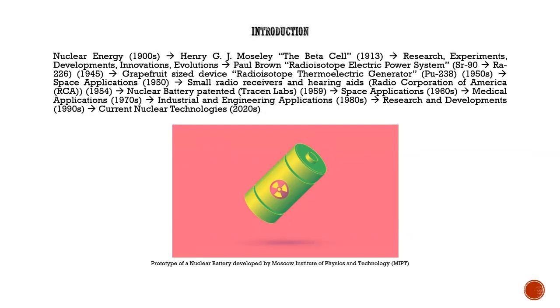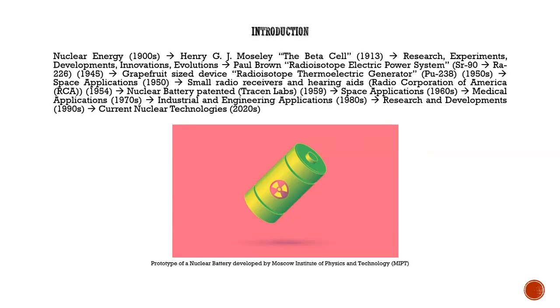During 2018, a university in Russia developed a nuclear battery, and after 2020 and in 2022 also, current nuclear technologies are being developed. This is the prototype of the nuclear battery developed by the Moscow Institute of Physics and Technology.